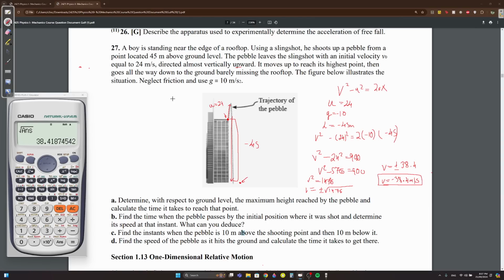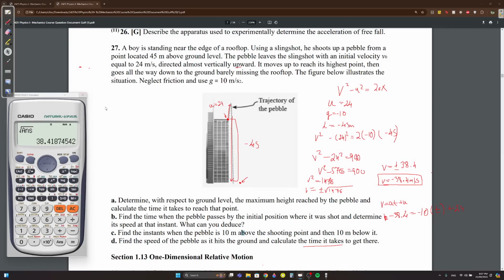Find the time it takes to get there. You can just do v equals at plus u. The velocity is negative 38.4, equals the acceleration negative 10, remember, with respect to the origin, times t plus 24, which is our u.